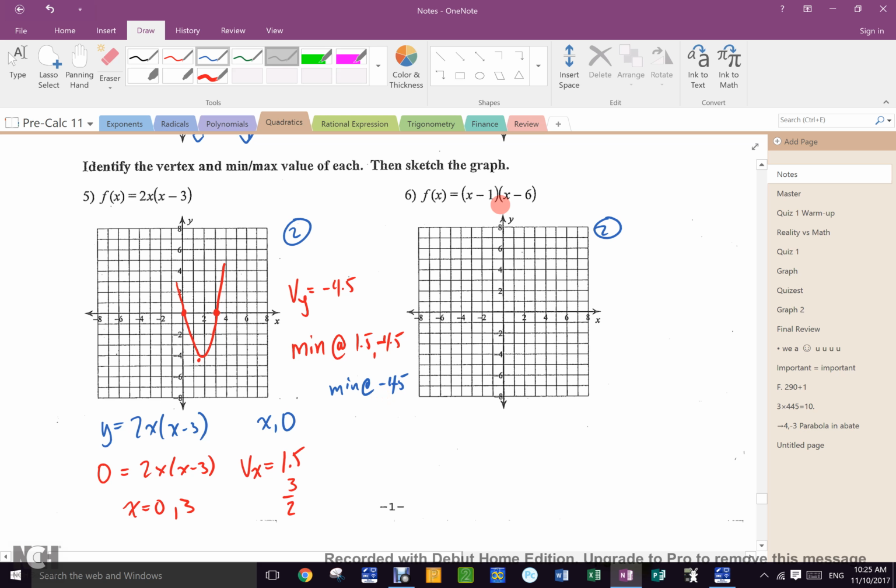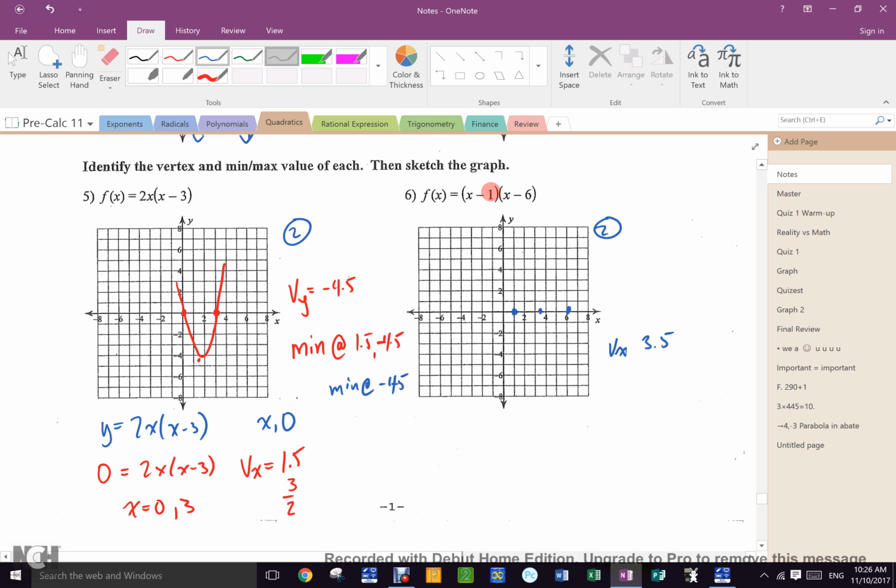Come over here. The roots are +1 and +6, which means the vertex x value is the middle of 1 and 6. 1 plus 6 is 7, divided by 2 is 3.5. So your vertex x was 3.5.